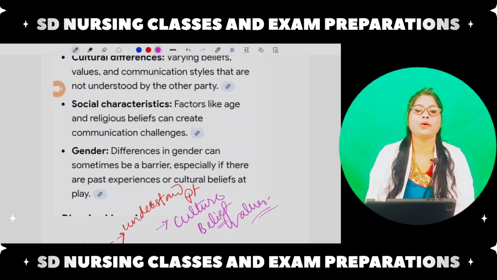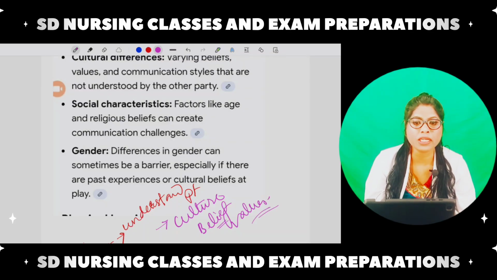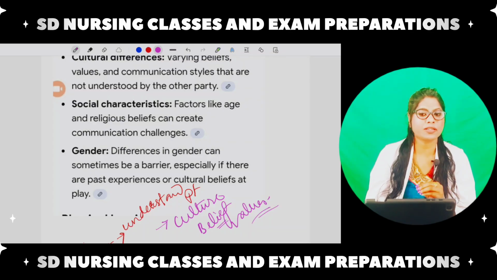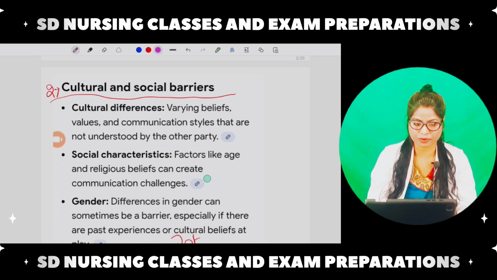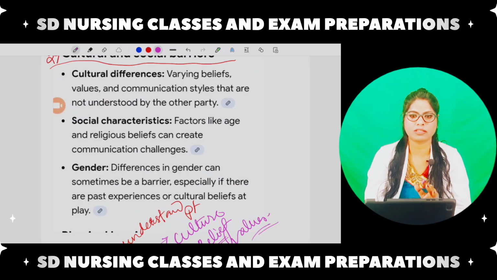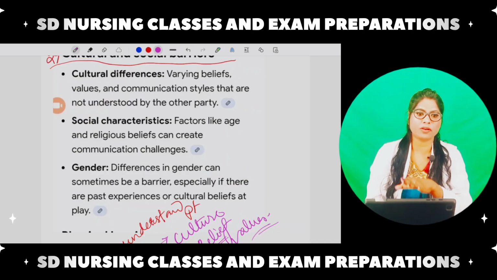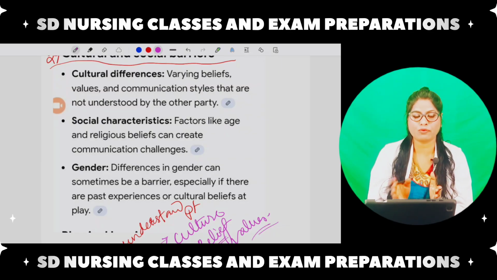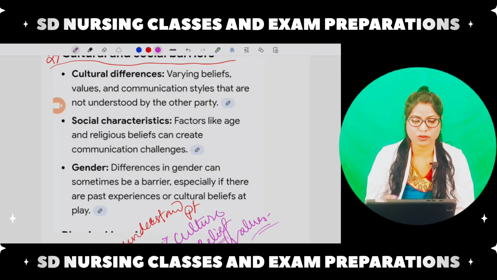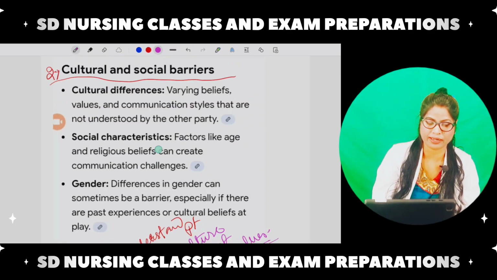By understanding all that about the patient, when we communicate with the patient, that communication will be effective. You can overcome the cultural and social barrier. Cultural difference means your culture is different and the patient's culture is different. If you are posted in an area that is totally different from your culture, you have to adapt to that culture and behave accordingly to the area, the patient or the client. Then only the barriers will be overcome. That is cultural differences.